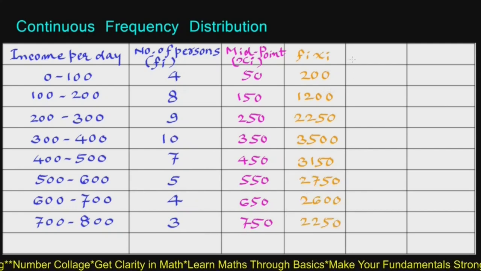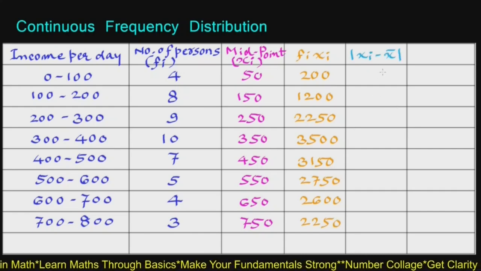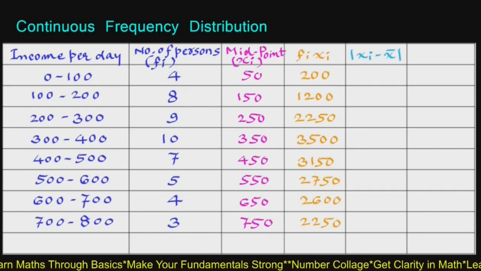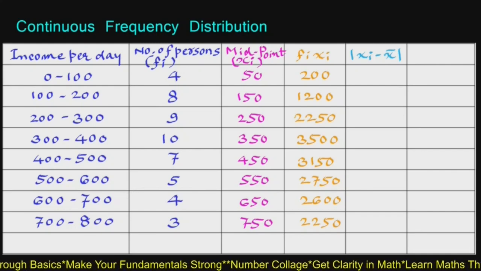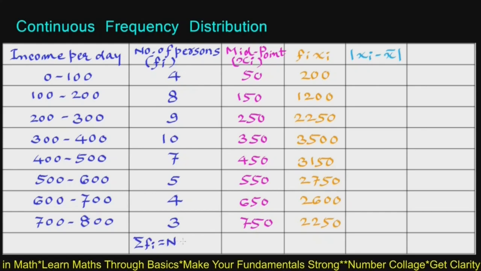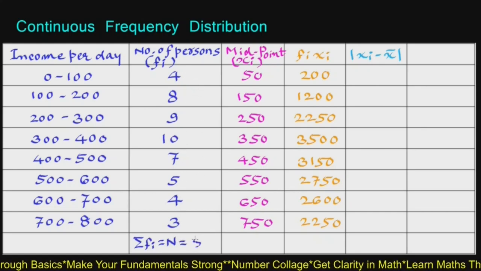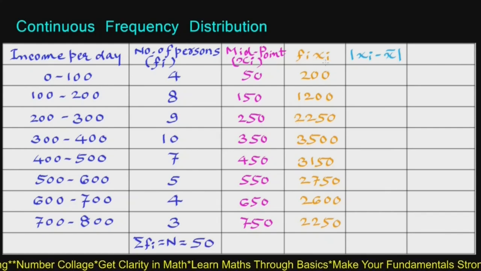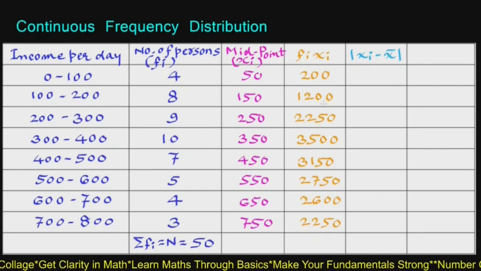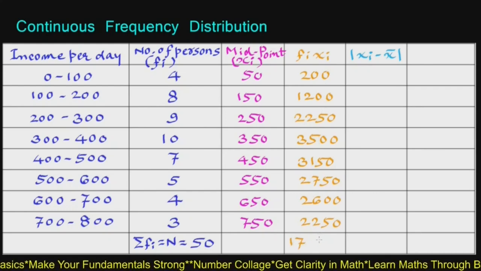Next we will find mod xi minus x bar. For finding this we shall need the mean, that is x bar, but before that let us find the required quantities. Summation fi, which is n, is the sum of all these numbers, which is 50. Next we shall need the sum of the products fi xi, which is the sum of all these numbers, which is 17900.